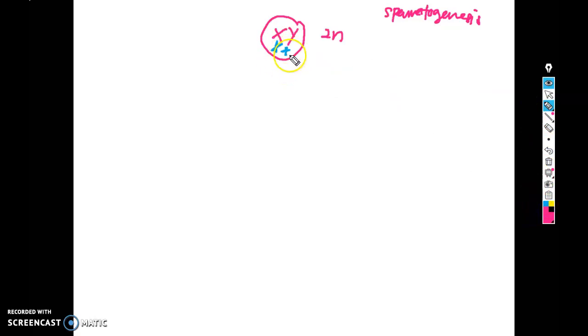For example, this is during metaphase, and during anaphase 1, these chromosomes are supposed to separate into different poles, but due to non-disjunction, these two chromosomes will move to the same pole.